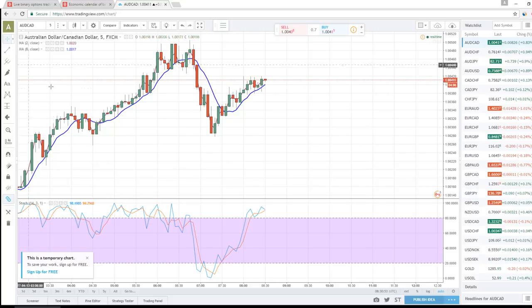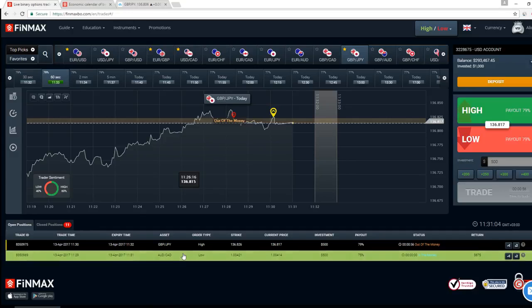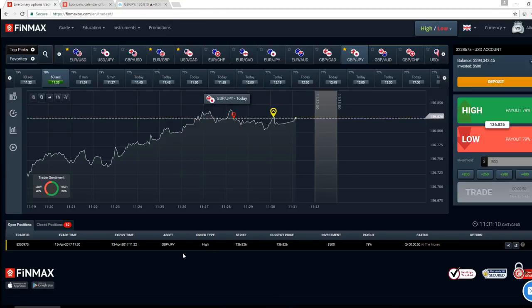One more time, I opened it for... Okay, that's not that. Okay, Australian to Canadian, we can cross out. And we have left only British pound to Japanese yen.